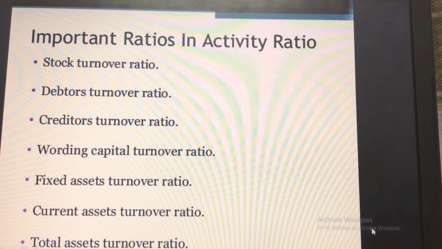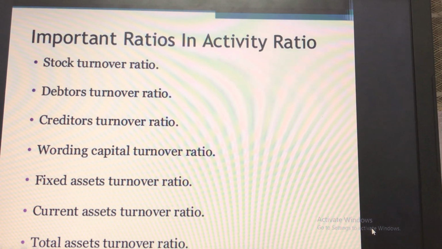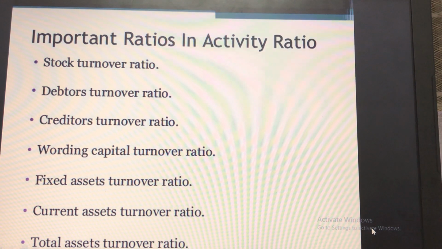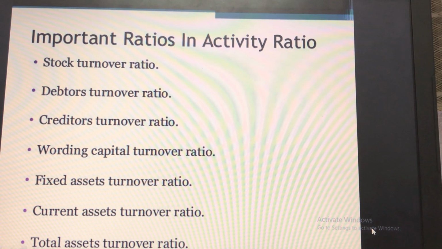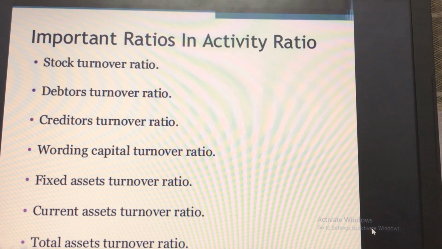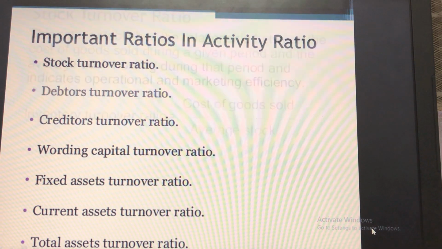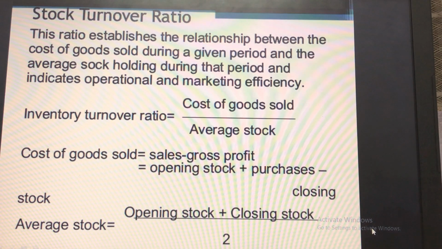Important ratios in activity ratio: stock turnover ratio, debtors turnover ratio, creditors turnover ratio, working capital turnover ratio, fixed assets turnover ratio, current assets turnover ratio, total assets turnover ratio. Now we are going to see each of them.